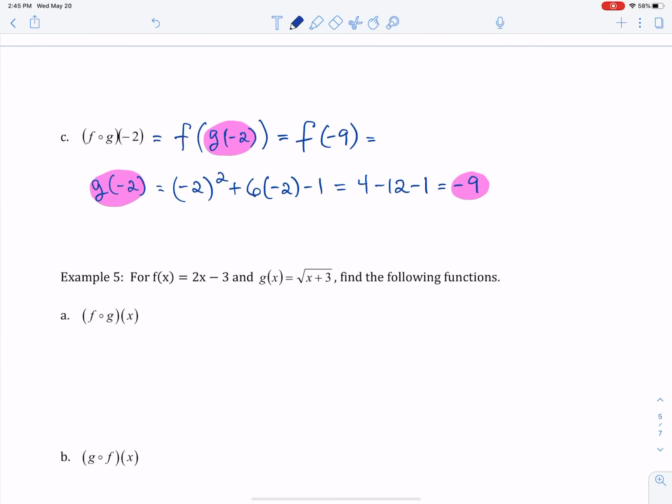Well, that means 3 times x, which is negative 9 in my case, minus 4. So 3 times negative 9 is negative 27 minus 4. Altogether, that's negative 31. So it turns out that f of g of negative 2 is equal to negative 31.